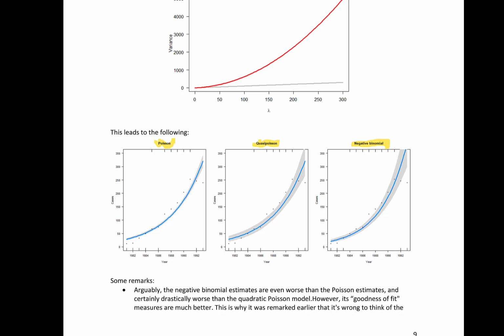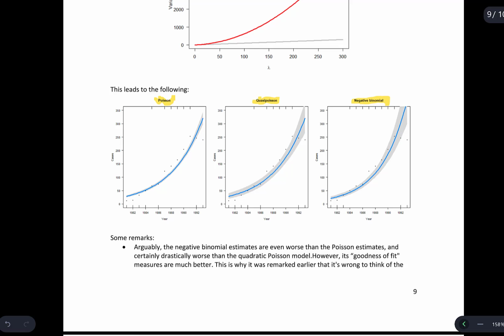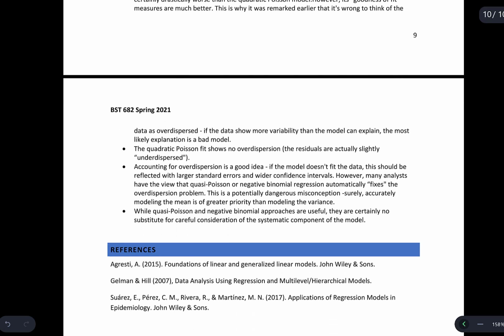And so this is why it was remarked earlier that it's wrong to think of the data as over-dispersed if the data show more variability than the model can explain. The most likely explanation is a bad model. The quadratic Poisson fit shows no over-dispersion. The residuals are actually slightly under-dispersed. Accounting for over-dispersion is a good idea if the model doesn't fit the data.